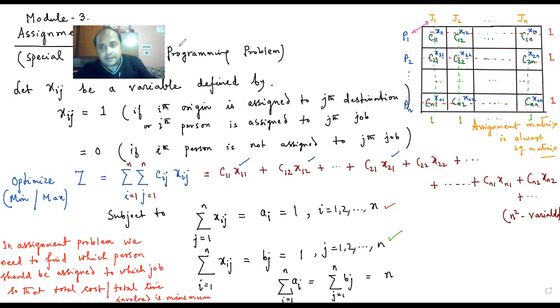My question is, up till now, I have tried to make you understand the objective of the problem and how the constraints are designed. You have seen that the sum total of the values must be equal to one row wise for all rows, and the sum total of the values must be equal to one column wise for all columns.